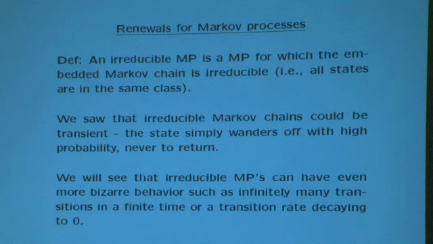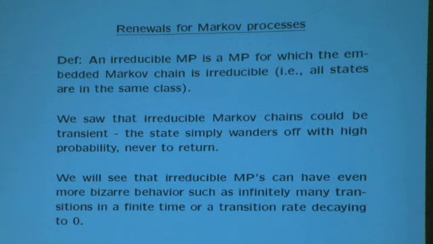So we're going to see that irreducible Markov processes can have even more bizarre behavior than these Markov chains can. And part of that more bizarre behavior is infinitely many transitions in a finite time. I mean, how do you talk about steady state when you have an infinite number of transitions in a finite time? Essentially, the Markov process is blowing up on you. Transitions get more and more frequent. They go off to infinity. What do you do after that? I don't know.